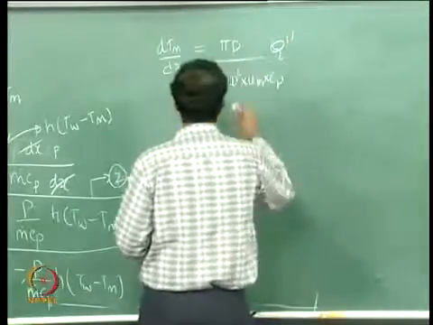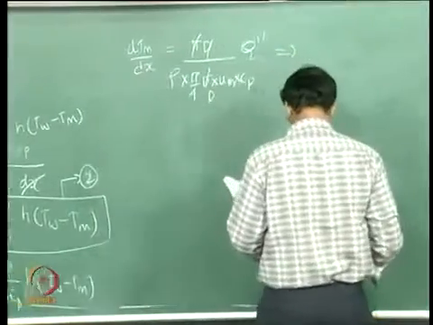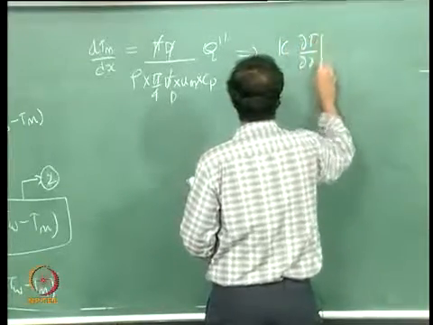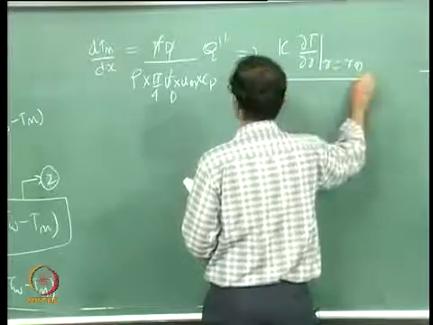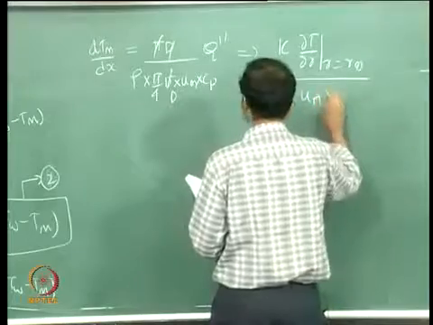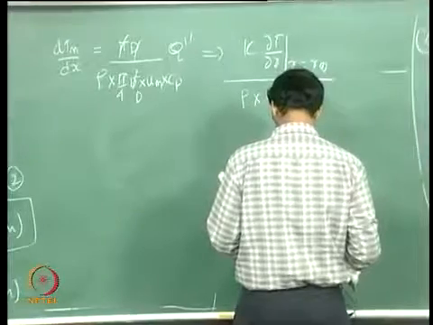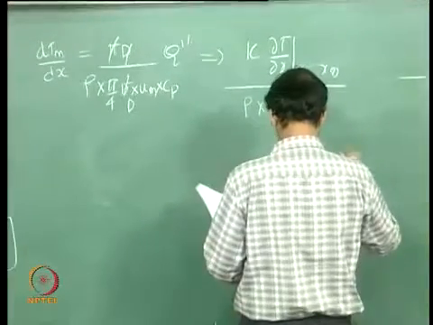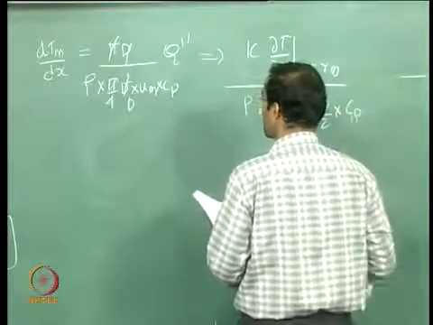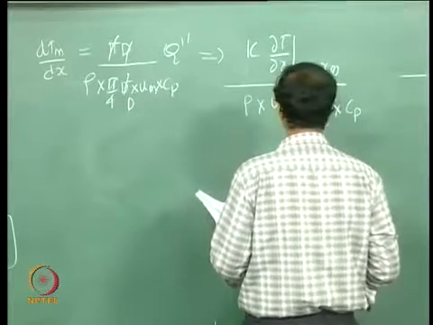So pi cancels here, d cancels, so this will give me q double prime equal to k dT by dr at r equal to r naught, divided by rho um into d, which is r naught by 2, into Cp. So this will be 2 r naught, yes, that is correct.